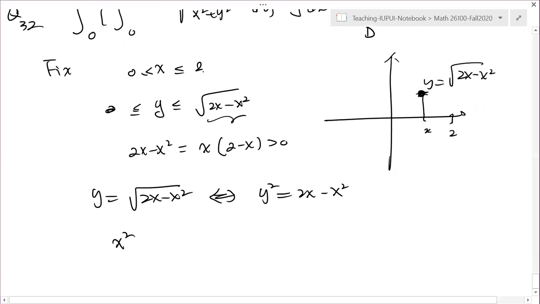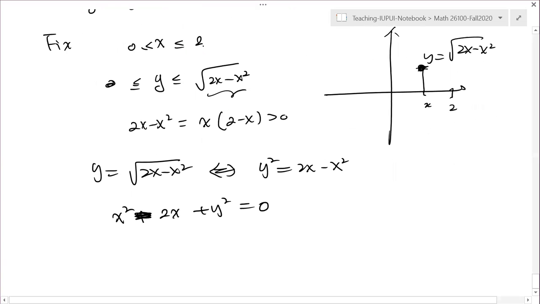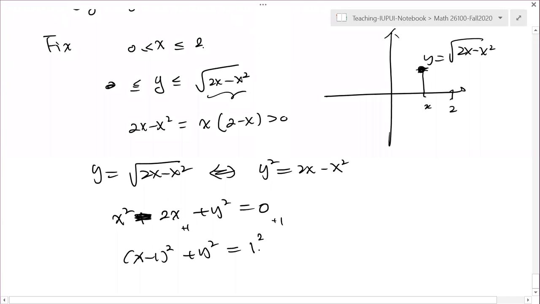So I get x squared minus 2x plus y squared equals 0. I'm going to add 1 to each side. So this will be (x minus 1) squared plus y squared equals 1 squared. So this is a circle with center (1, 0). Okay, this actually gives you a circle.